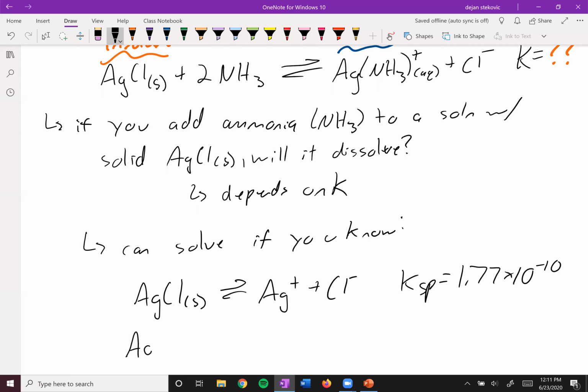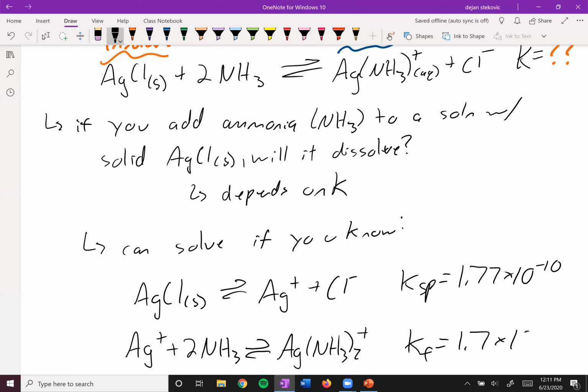And then we also know the Kf for the formation of this silver ammonia complex, which is equal to 1.7 times 10 to the 7.